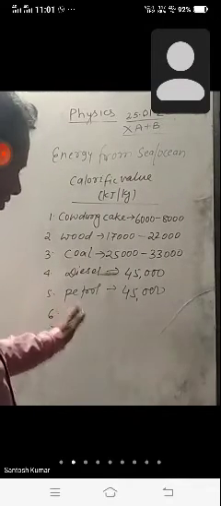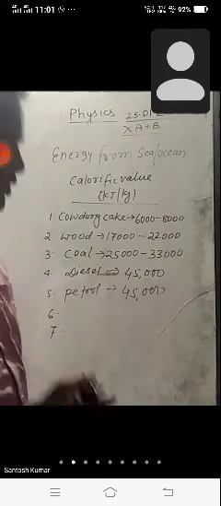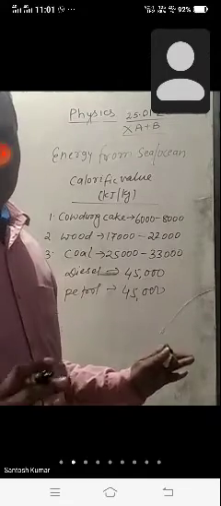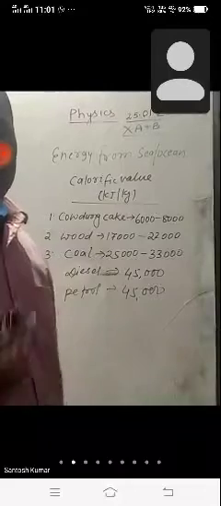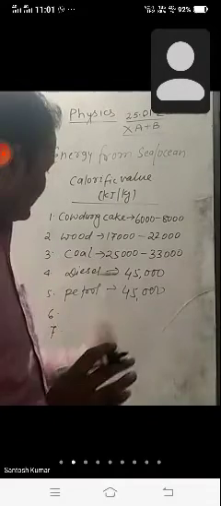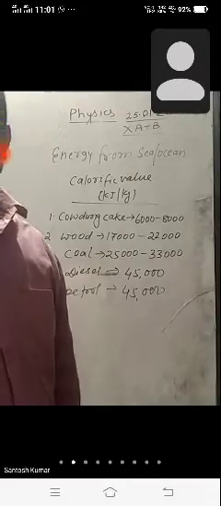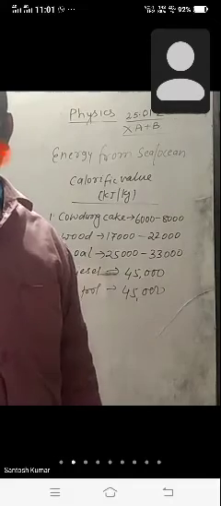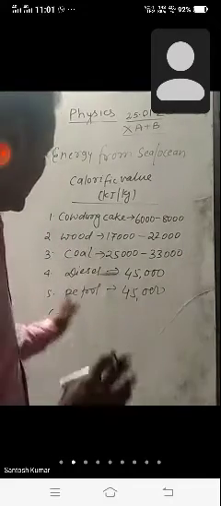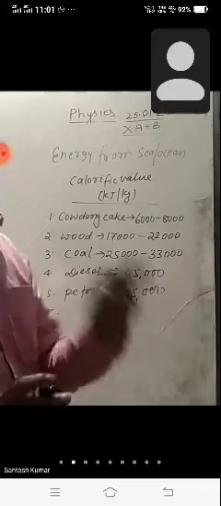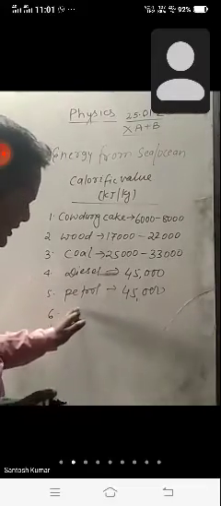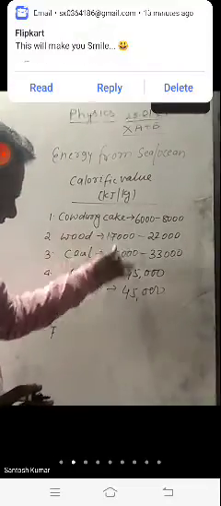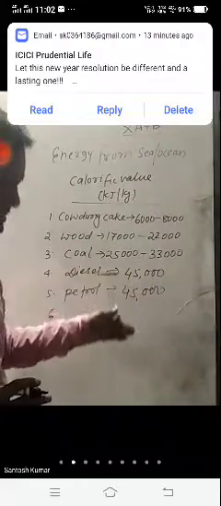Now, nowadays in all homes, LPG is one of the best fuels being used. We will also discuss the calorific value of LPG, but we are arranging them in ascending order.